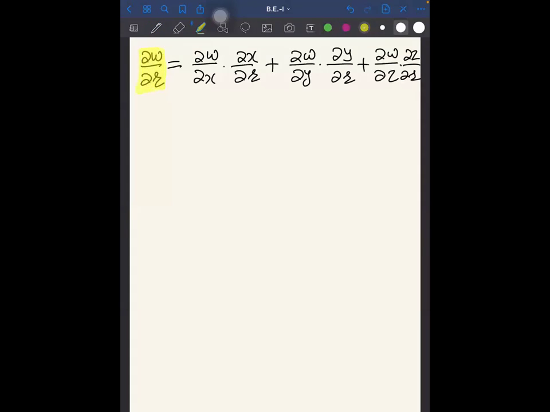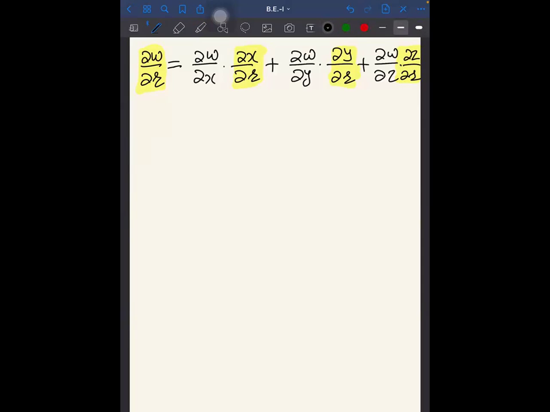Now you are determining the partial derivatives, and instead of dx by dt we are using curly x by curly r. Why? Because your x, y, z are not functions of one independent variable. Now they are functions of two independent variables.